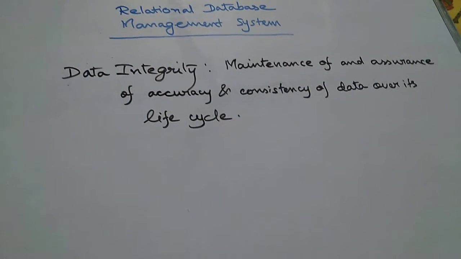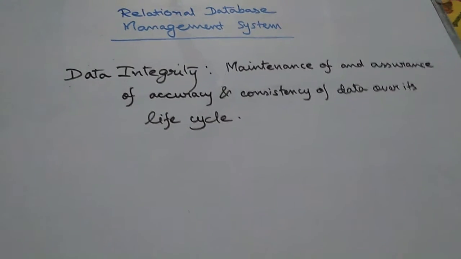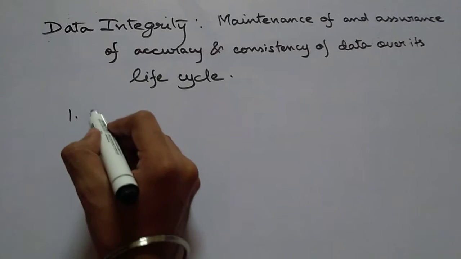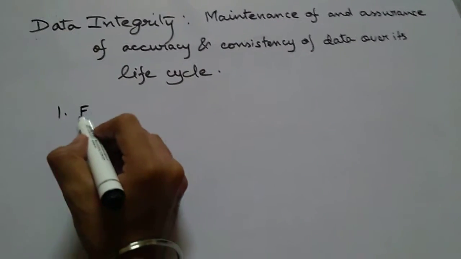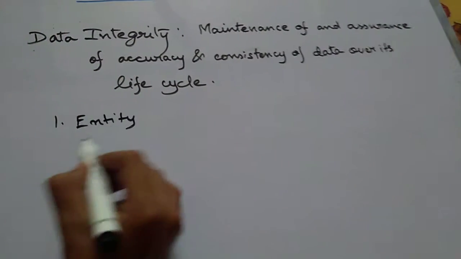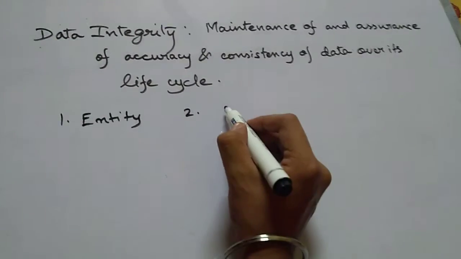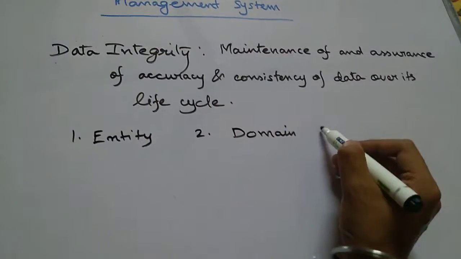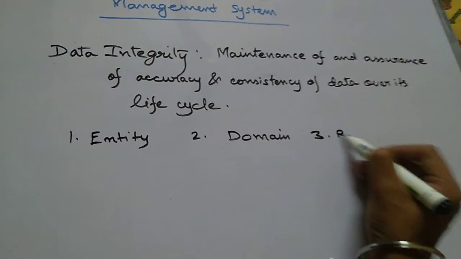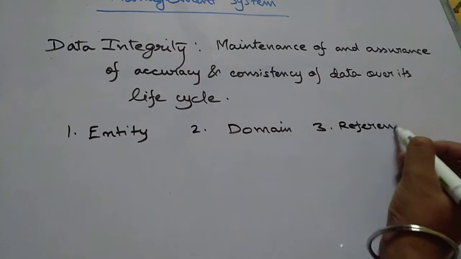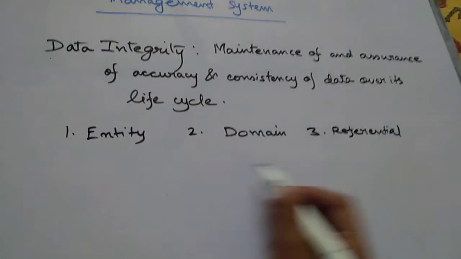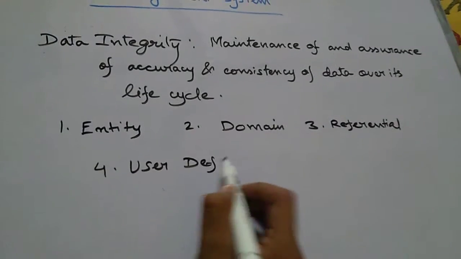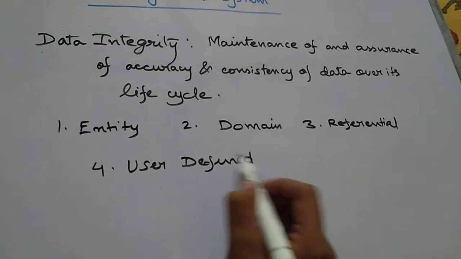Now, data integrity can be subdivided into 4 types. The first one is entity integrity. The second one is domain integrity. The third one is referential integrity. And the fourth one is user defined integrity.